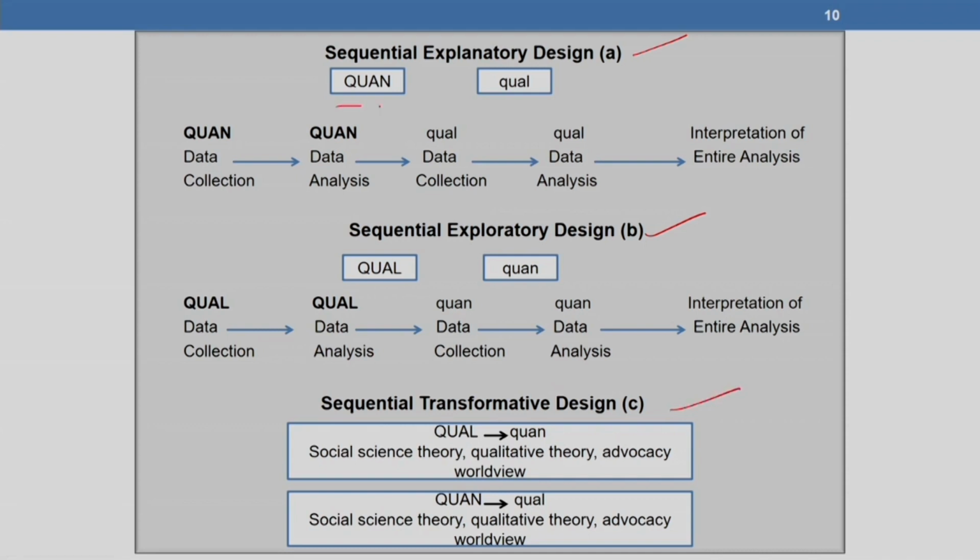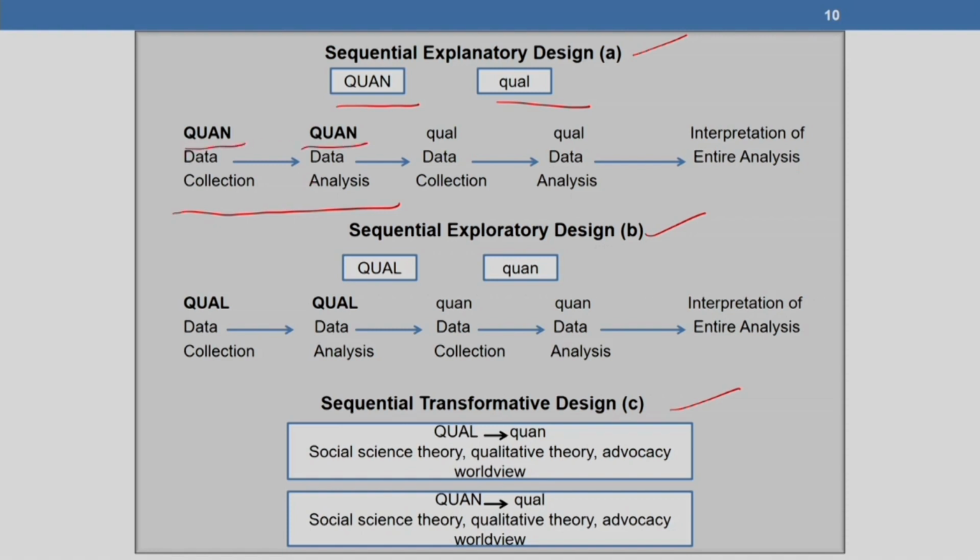Notice the capitalized quan here and a lowercase qual here. This is one of the universally followed designs when we are carrying out a mixed methods approach of data collection or data analysis. This is carried out in 2 phases. This is a 2-phase study. In the first phase, the emphasis is more on quantitative data.